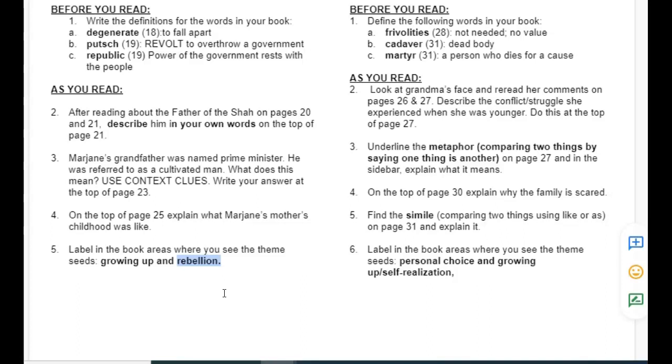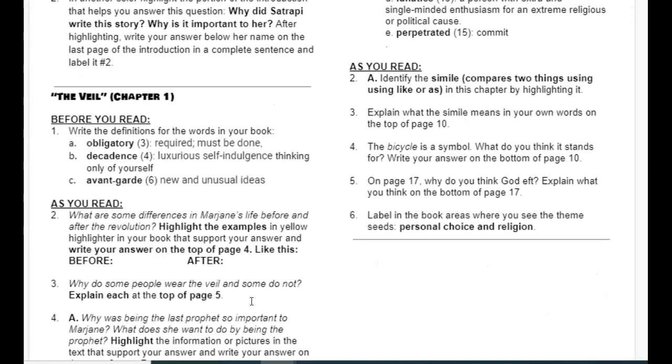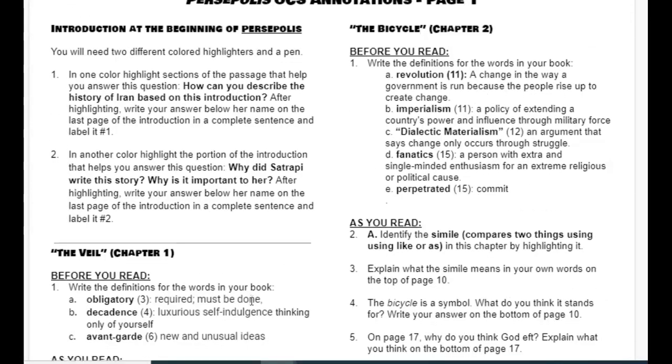If you see these areas in the book, these are called topics or theme seeds. When you find an example, all you're going to do is next to it write growing up or rebellion. Whichever theme seed it is that you're looking for that night, you're going to write it in the book next to it. So let me review one more time with you.